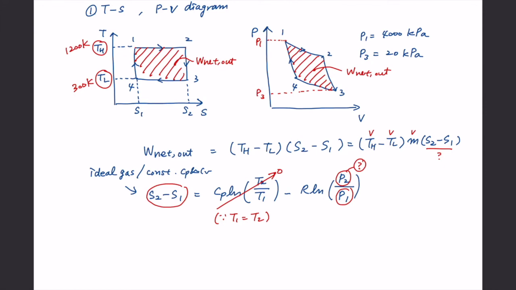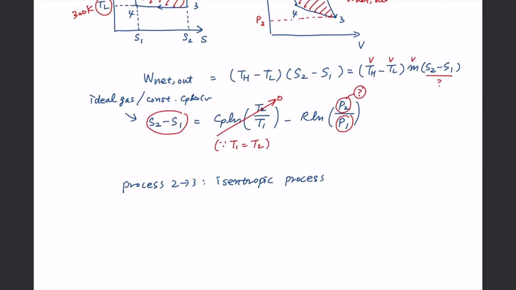So now let me write it down. Process 2 to 3 is basically an isentropic process. And for an ideal gas with constant specific heat, we have equations that we can use for the isentropic process. I hope that you remember those equations.